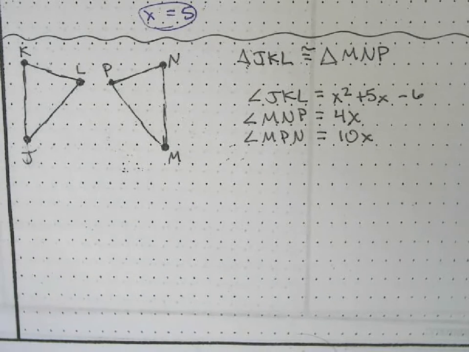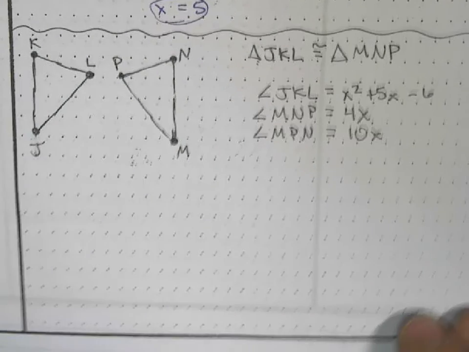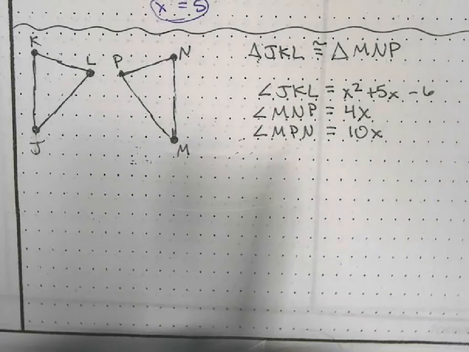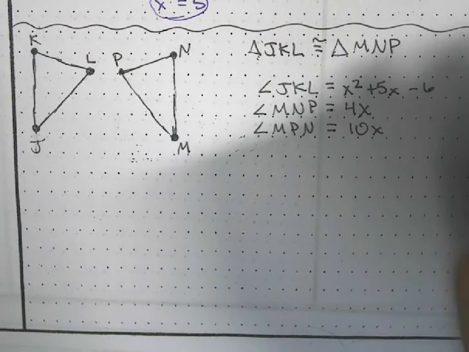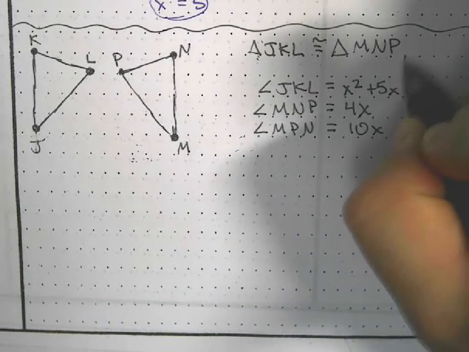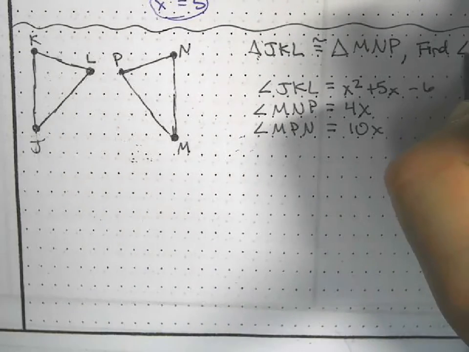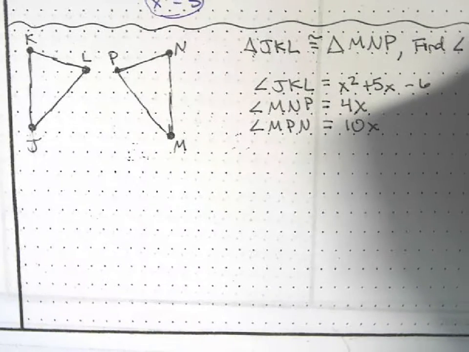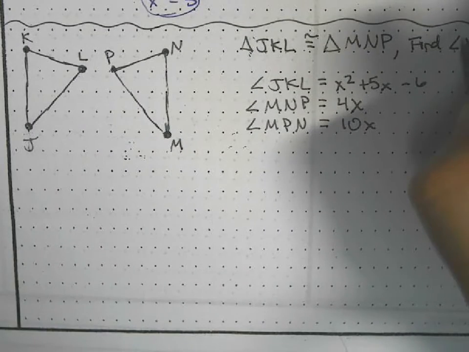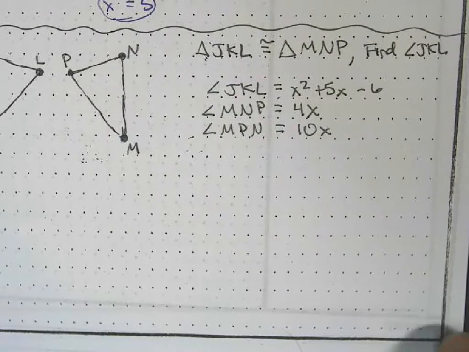Okay, so let's set up our congruency statement, solve, plug back in. We're asked to find angle JKL. Forgot that piece.